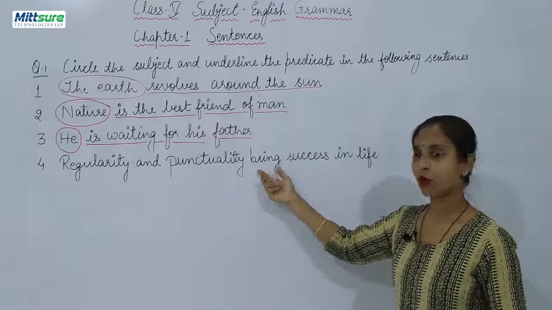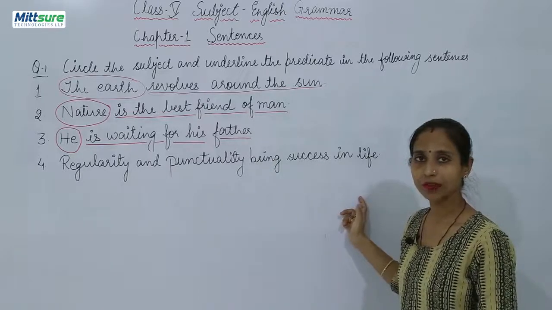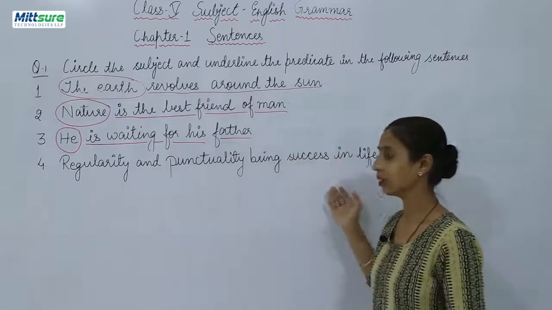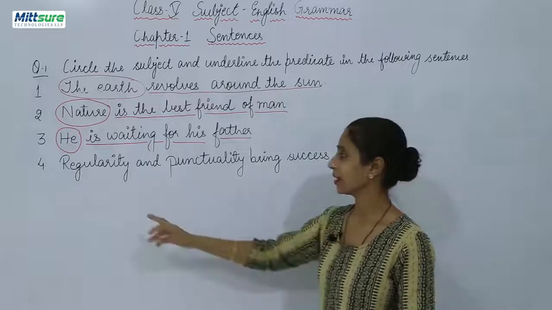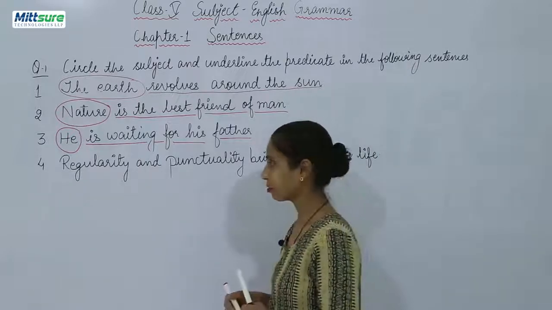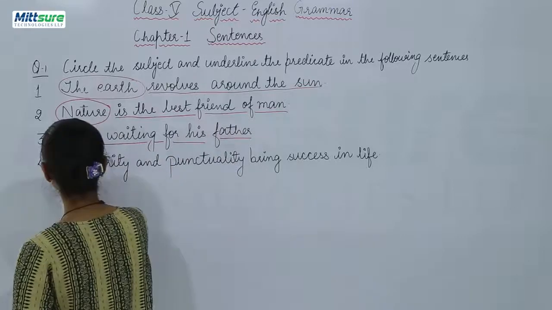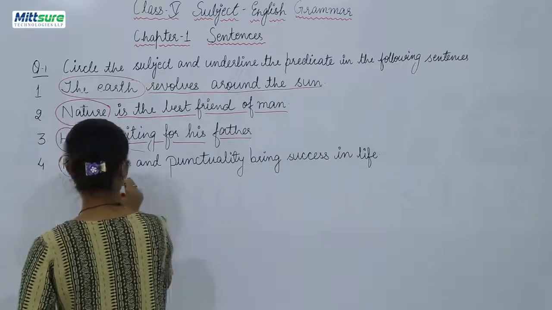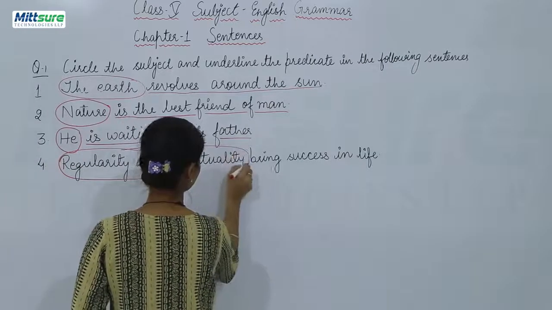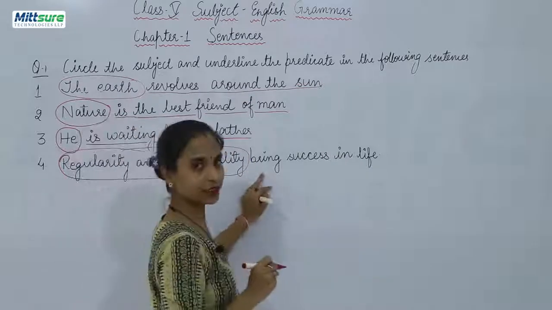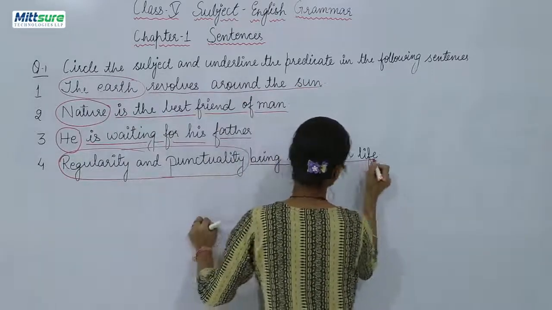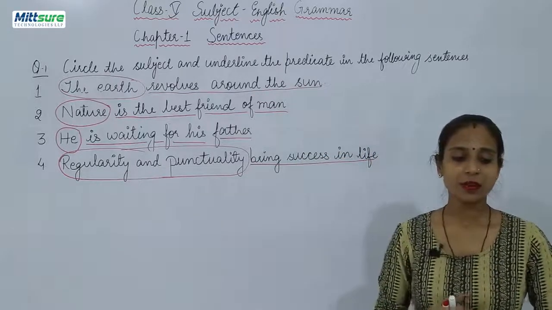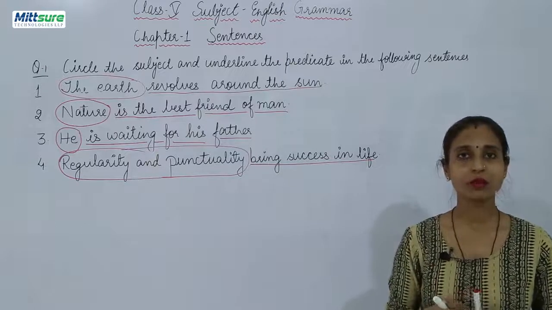Bring. What brings success in life? Regularity and punctuality. We got the answer. So, regularity and punctuality will be the subject. And the rest of the sentence, bring success in life, will be the predicate. Clear? Statement number 5. Hard work never goes in vain.